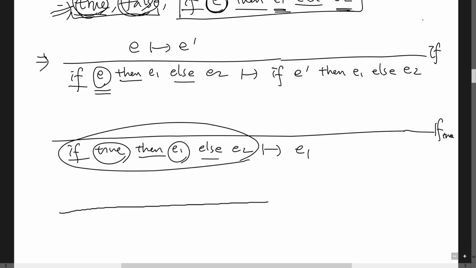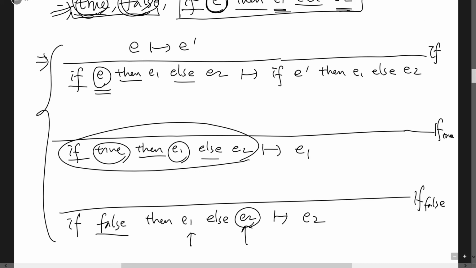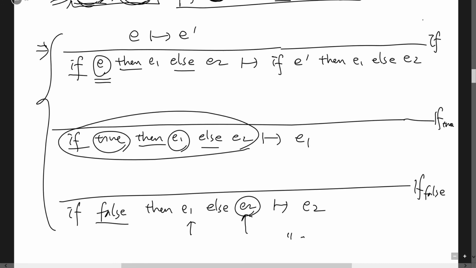And there's a symmetry case. If this is false, then we ignore this expression E1 and instead decided to take the else expression. So this is E2. So this is if false. So these are three reduction rules that we choose.